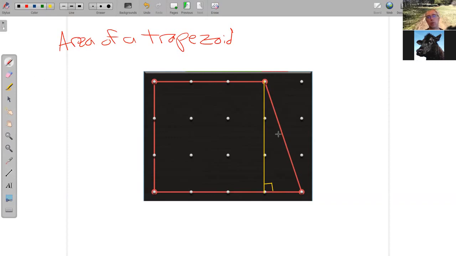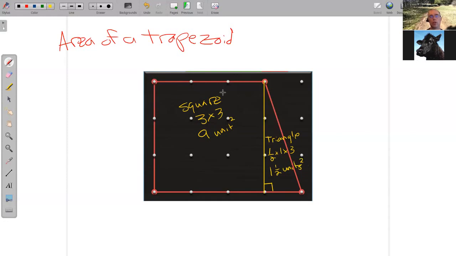So now I have broken this up into two figures. So I have this square here that is 3 by 3, so it has an area of 9 units squared, or 9 square units. This right here, this triangle, has a base of 1 and a height of 3, so its area is 1/2 of 1 times 3, which is 1 1/2 square units.